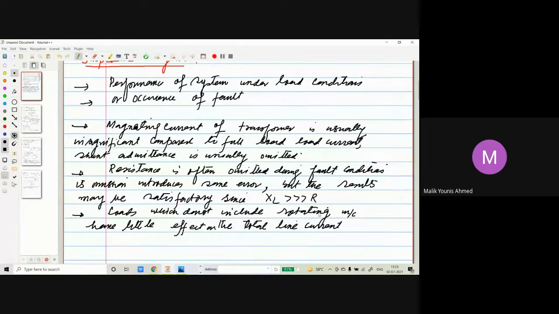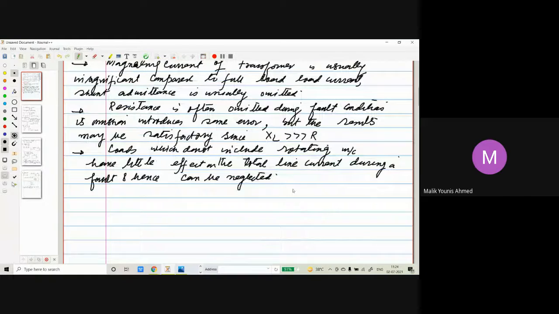On the total line current, they will have very little influence during a fault, and hence they can be neglected. That means whatever static loads we have, which do not include rotating machineries, will not have much influence on the load current or the line current. In other words, those can be neglected also.